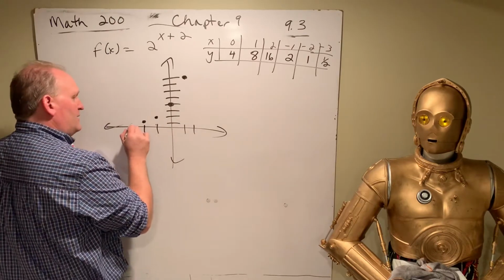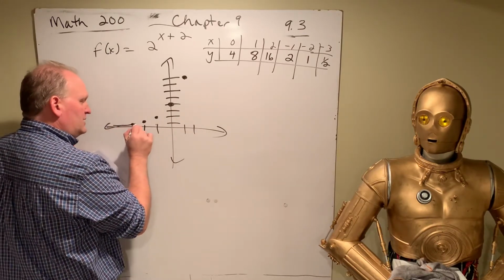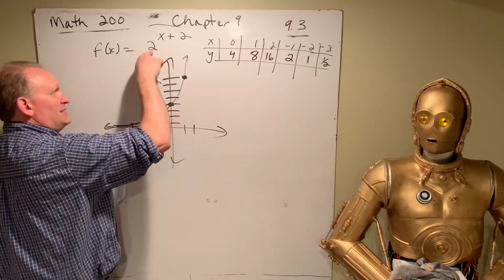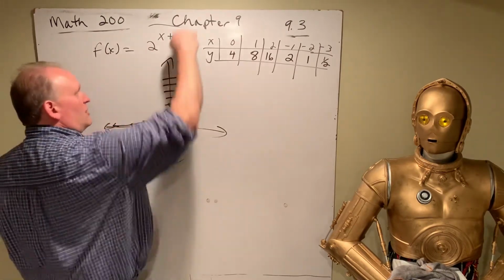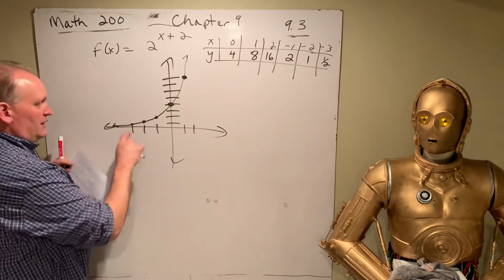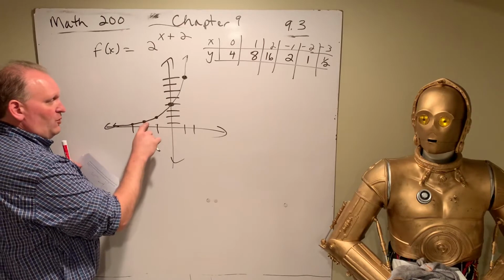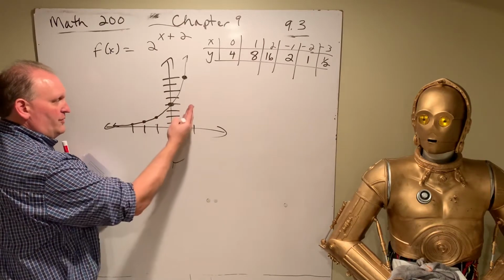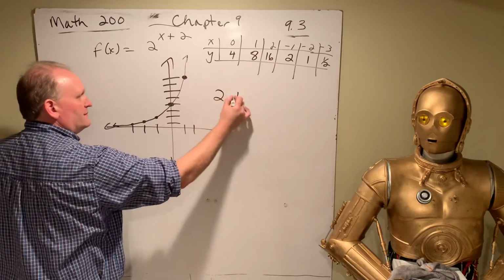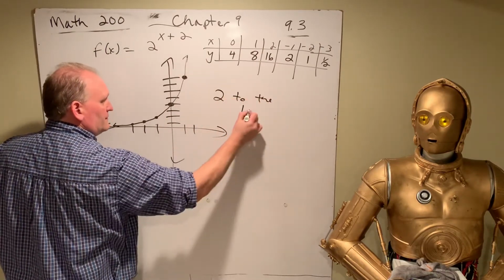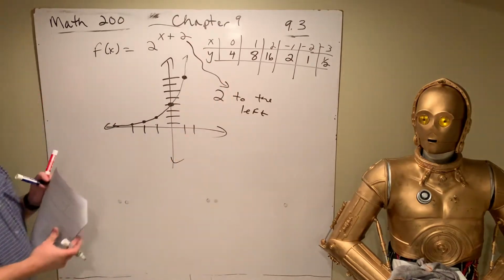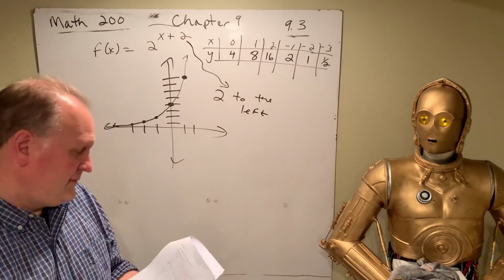And -3 is 1/2. And so if we look at this curve, it's still exponential growth because the base is bigger than 1. So it's going to grow exponentially. But normally, this point is right here. The whole thing was switched and pushed over 2 to the left because of that +2. All right.